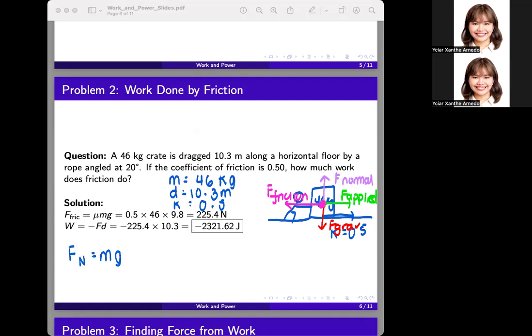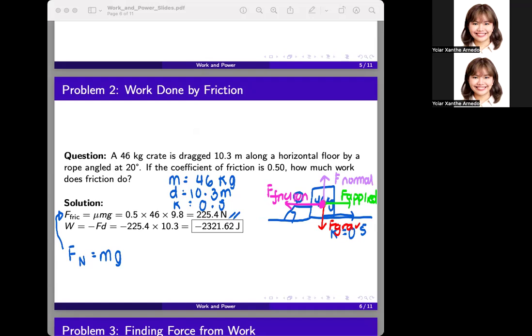Since we're only dealing with magnitudes, signs can be addressed later. So plugging that in, we have mu mg, and plugging in the values, we multiply 0.5 by 46 kilograms and by 9.8 meters per second squared. And you finally get 225.4 newtons.